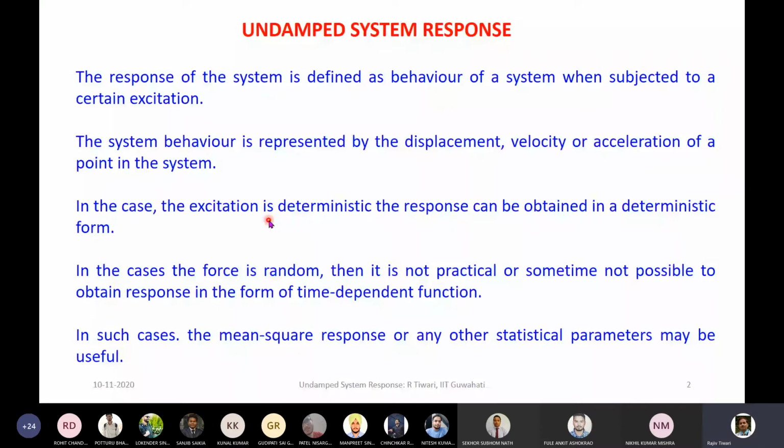So we know how the excitation is changing with time, and we get the response corresponding to those time instances in a deterministic way. That means we can predict, at this particular time, what will be the displacement amplitude or the acceleration amplitude.